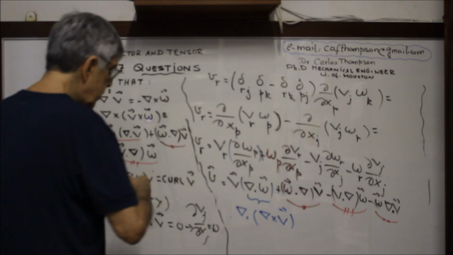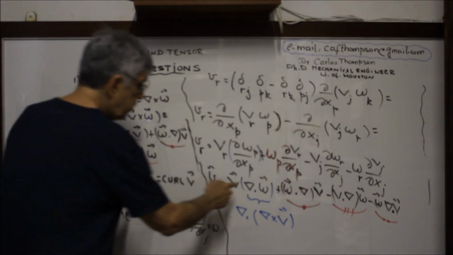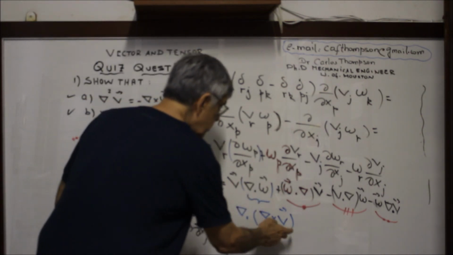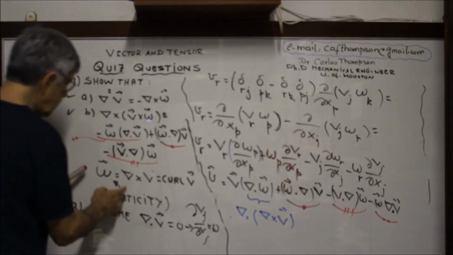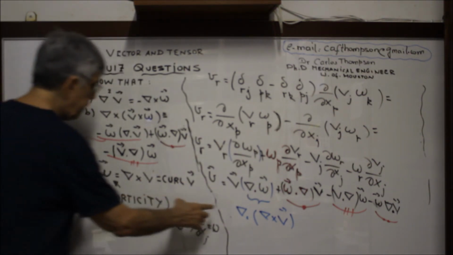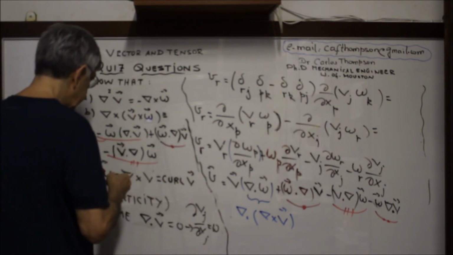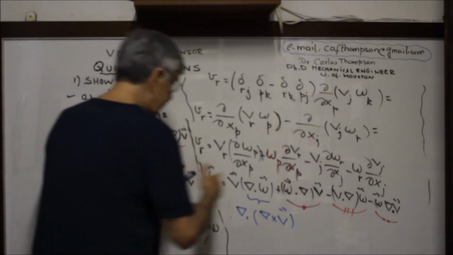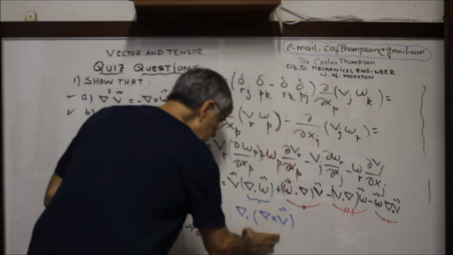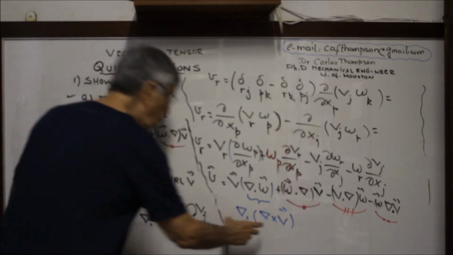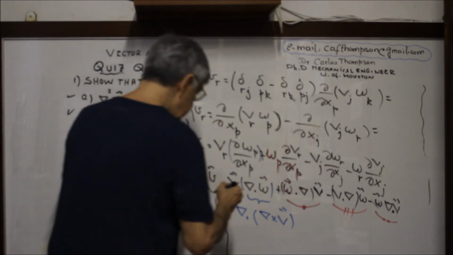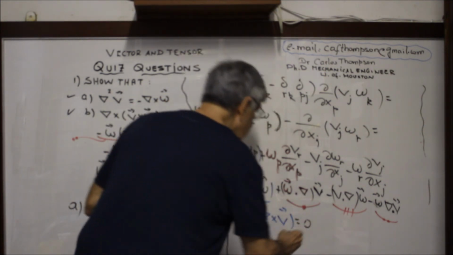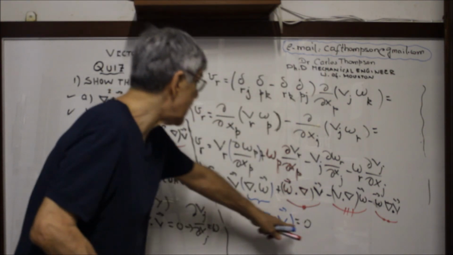Why? You see, look, divergence of omega, the vorticity is the rotational of V. That's a vector V. And we did this before. If you don't believe it, you do it. This will be equal to 0. This is a scalar.